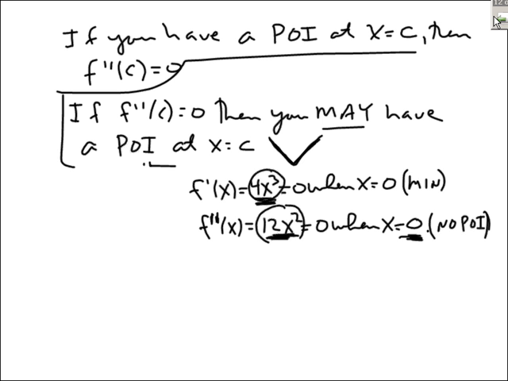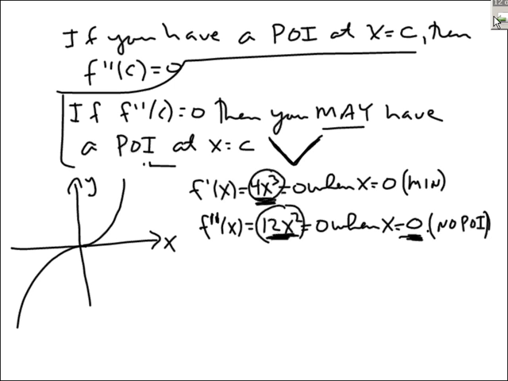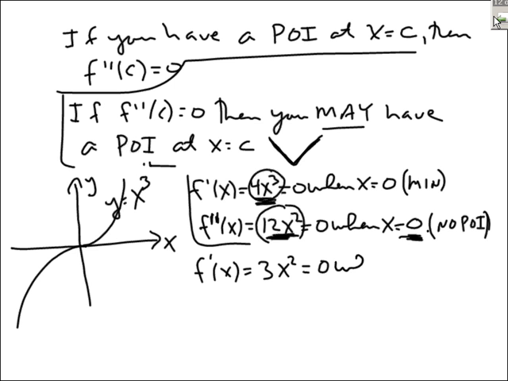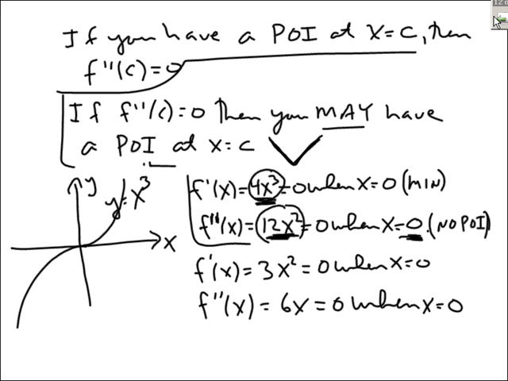You should recognize this graph as y equals x cubed. This is f of x equals x cubed. F prime of x is 3x squared, which equals 0 when x is 0. And f double prime of x is equal to 6x, and this equals 0 when x is 0.